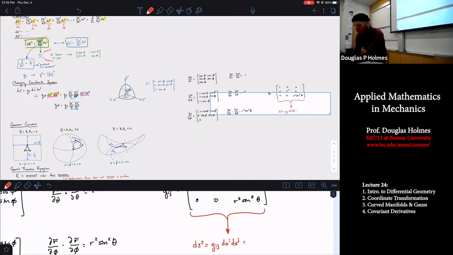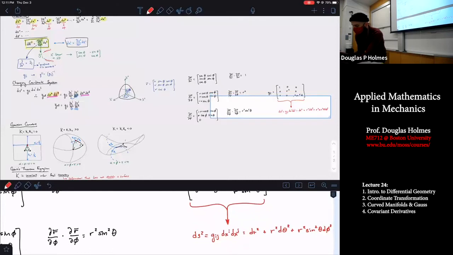And so therefore we can do all this out. I encourage you to confirm this for yourself, that the line element in spherical coordinates is equal to dr squared plus r squared d theta squared plus r squared sine squared theta d phi squared. I left the square out there. Okay.